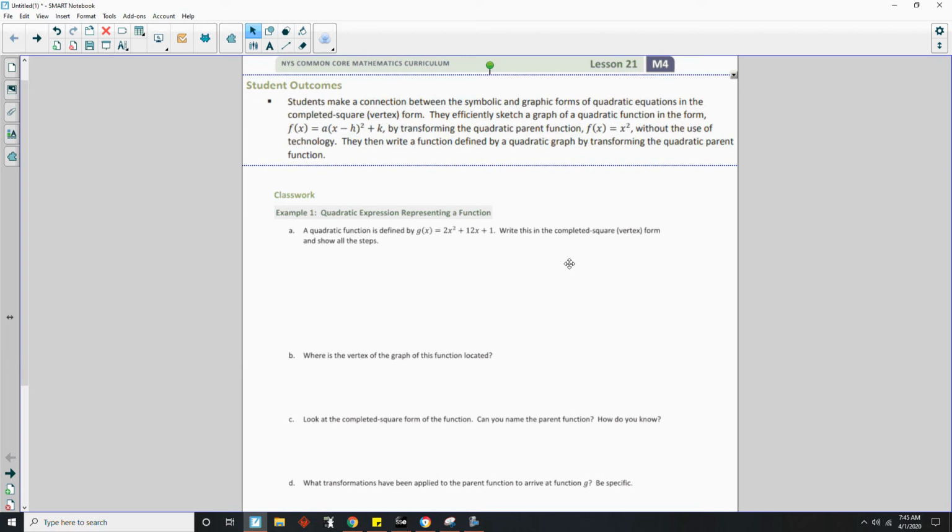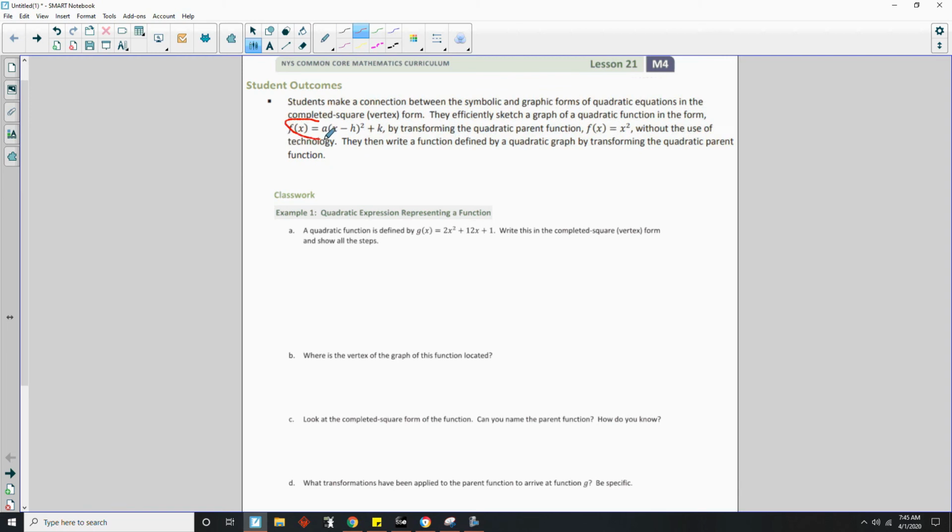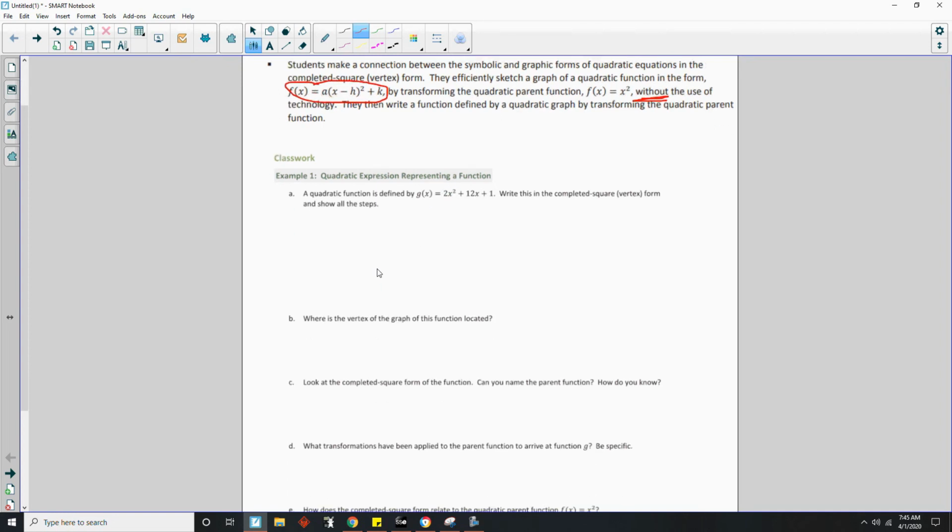They efficiently sketch a graph of a quadratic function in the form f of x equals a times the quantity x minus h squared plus k by transforming the quadratic parent function f of x equals x squared without the use of technology, no calculators. They then write a function defined by a quadratic graph by transforming the quadratic parent function. Okay, so let's get started here.